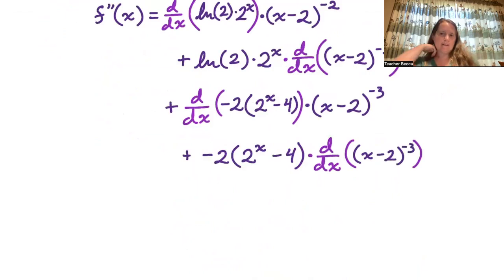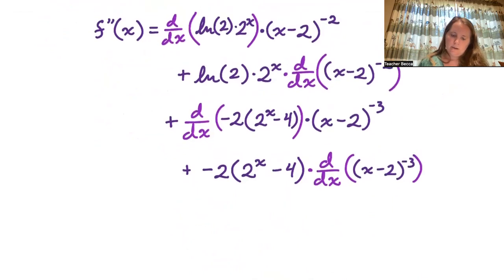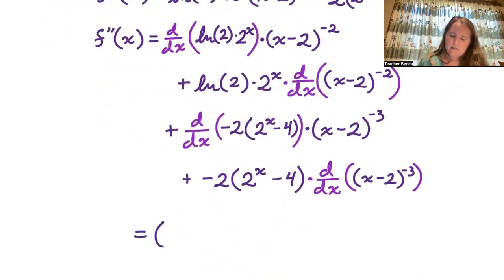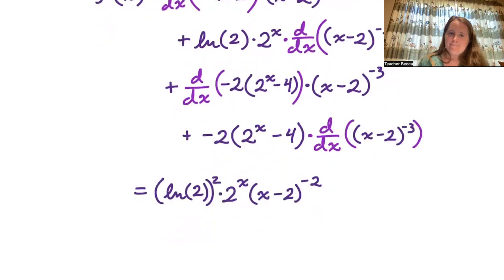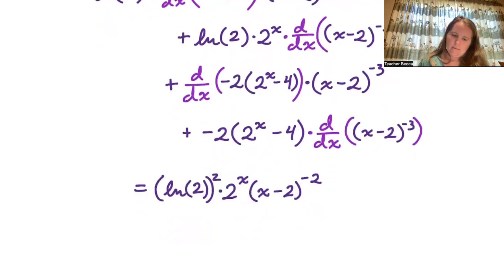So the derivative of x minus 2 to the negative 3 is that last derivative. So we are looking at a natural log of 2 squared times 2 to the x times x minus 2 to the negative 2. Then we would have minus 3 times the natural log of 2. Sorry, minus 2 times the natural log of 2.